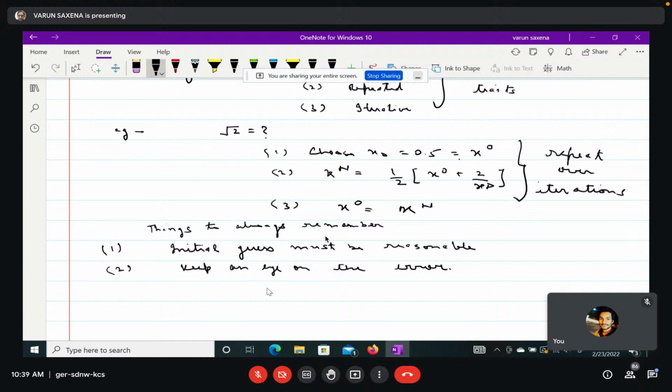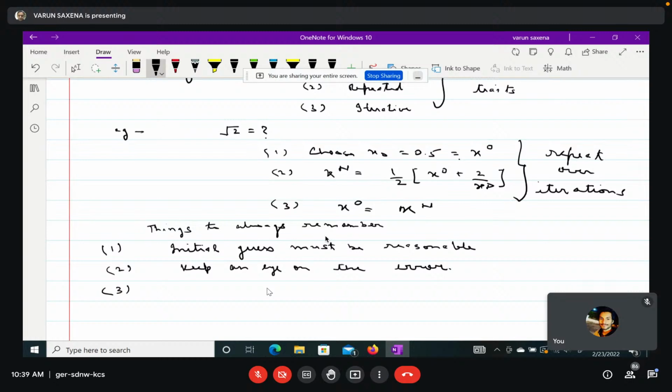Because if the error is increasing or if the error is not decreasing, then either the code has done what it had to do and cannot do any better, or your code is doing something which is absolutely wrong if the error is increasing, right? So you have to keep an eye on the error. That is very important.